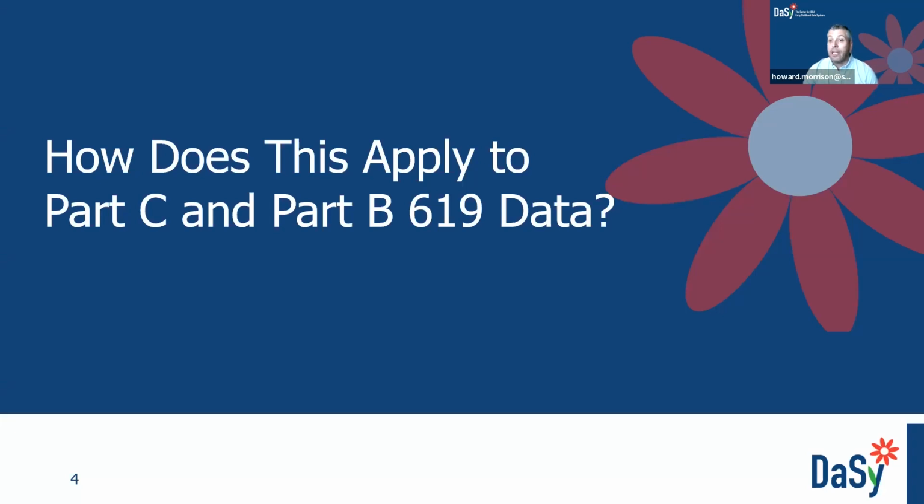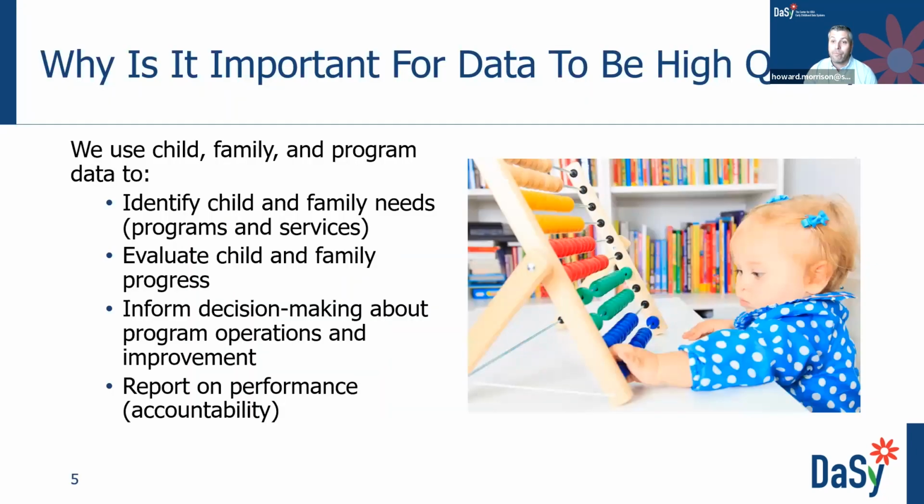Let's now focus on how high-quality data applies to Part C and Part B 619 data. Data quality is important because without it, you cannot effectively make decisions about program operations, accountability, or improvement. In fact, poor data quality has significant impacts on the efficiency of program operations.